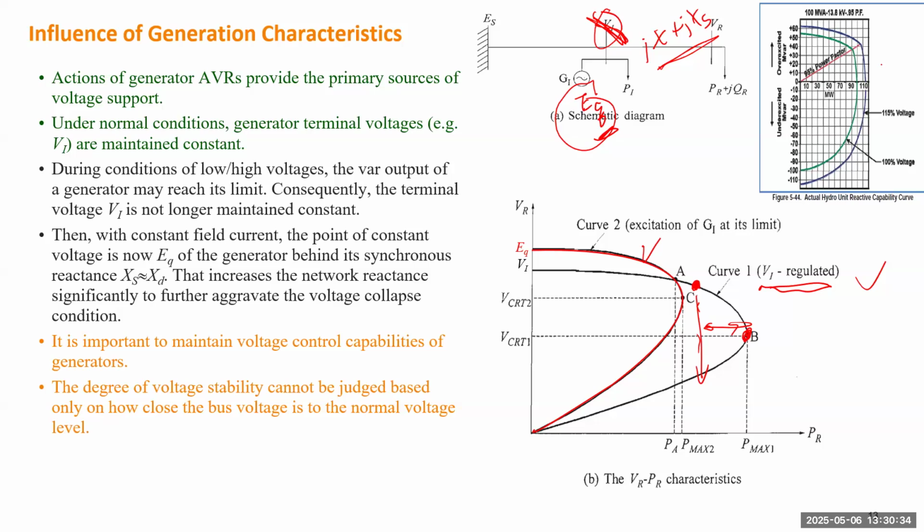Because if the generator is still within the rated power limit, it can have far enough distance, but when such switching happens, it can become very close to the critical point.